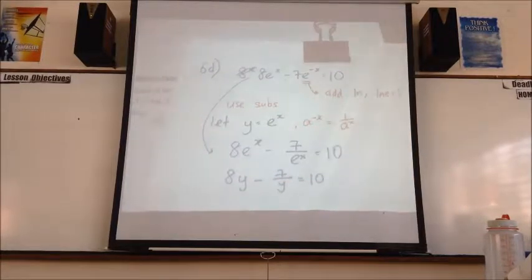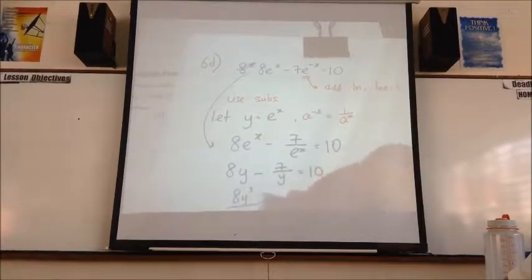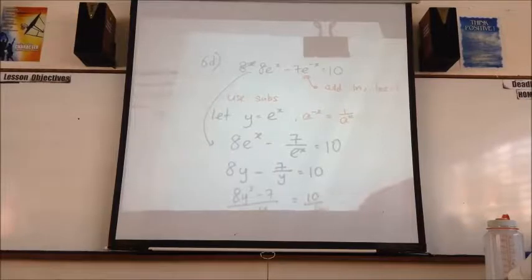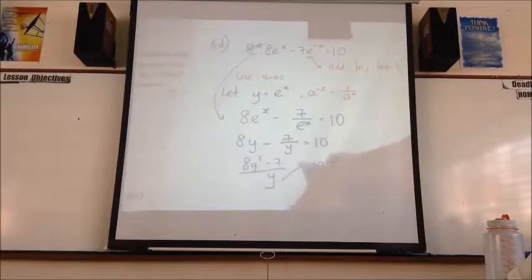Now from here, can you solve the equation? Yes. So I try multiplying y throughout, or I try to make y the common denominator, to remove the denominator.